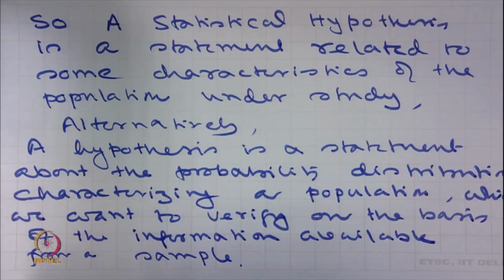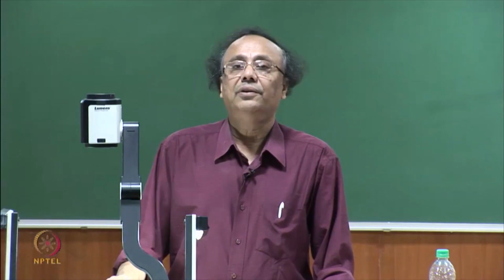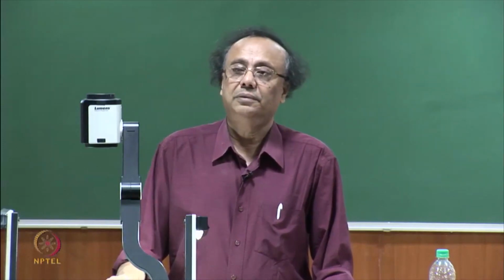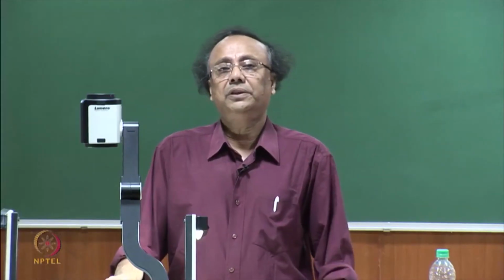So, let me explain this. Suppose there is a coin and our hypothesis is that its probability of obtaining a head is 0.5. We want to verify that. So, what we do?